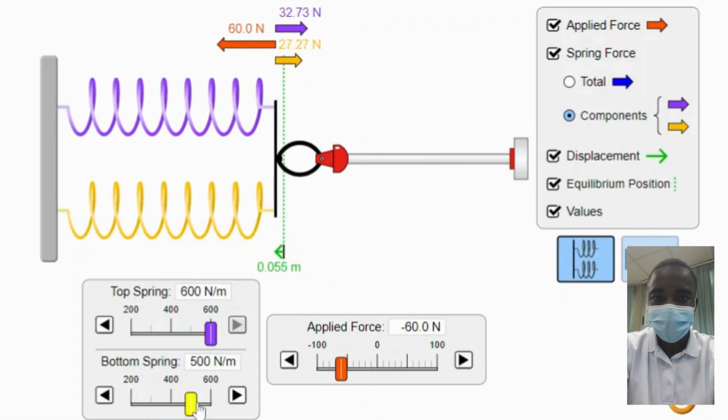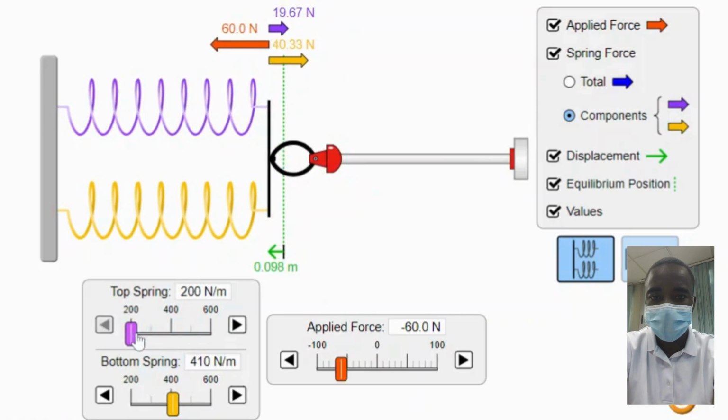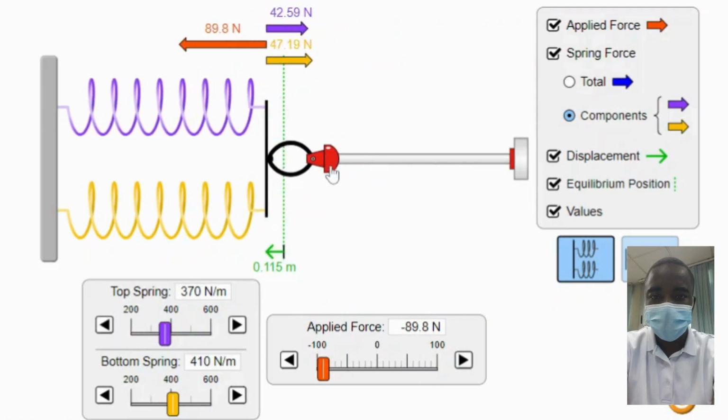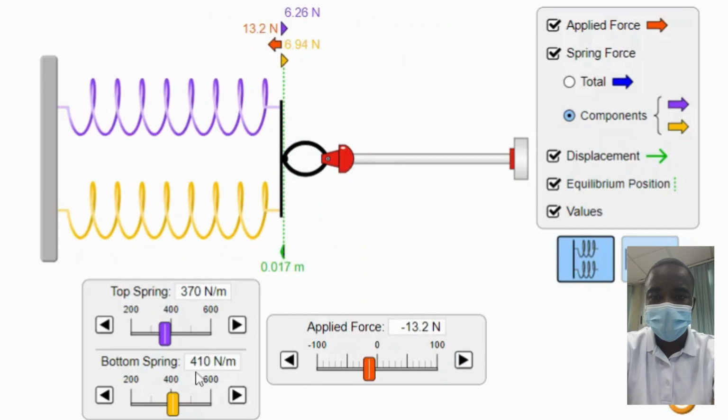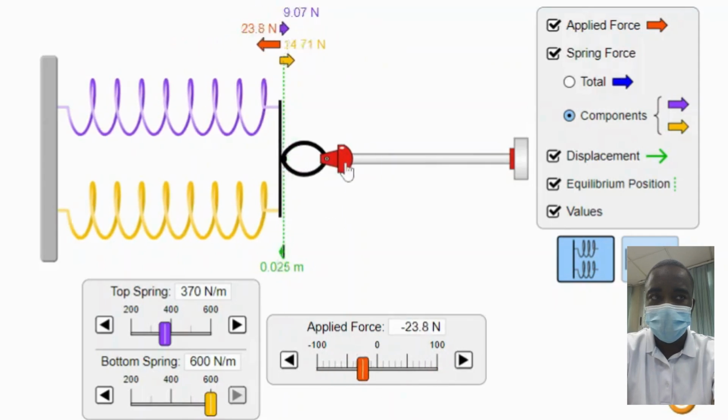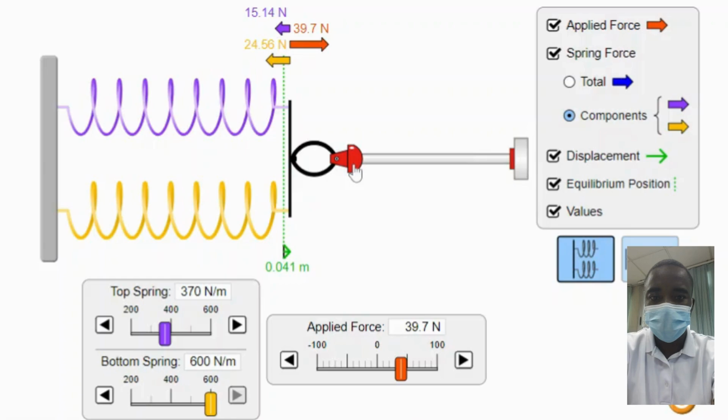A greater displacement results in more potential energy stored in the spring. The spring constant also affects the potential energy, with a higher spring constant resulting in more potential energy stored for the same displacement.